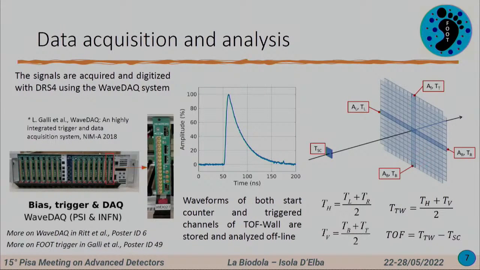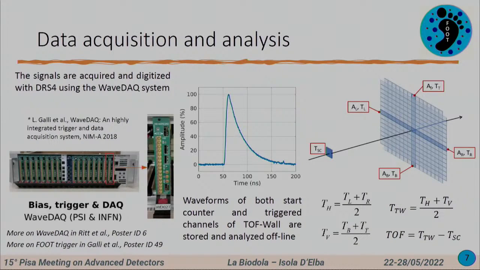The data acquisition system is based on the WaveDAQ system that digitizes the signal of each channel of the top wall and of the start counter that are triggered. And this signal, after it has been digitized, was stored and then post-processed, so as to obtain a timestamp and a value of charge for each end of the 2 bars that were triggered, and a timestamp for the start counter.